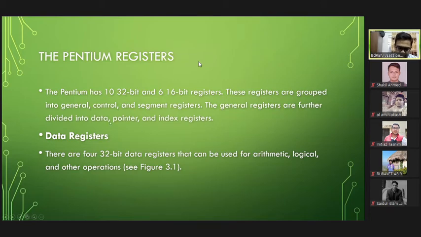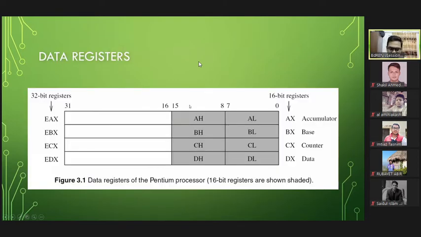Let us see the first one, the data register. It is better we look at the picture. Each type has very good images, and it is an easier way to understand. So this is the data register.